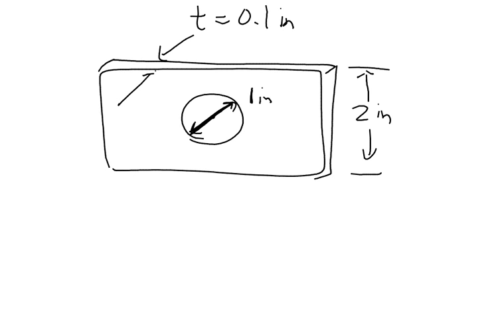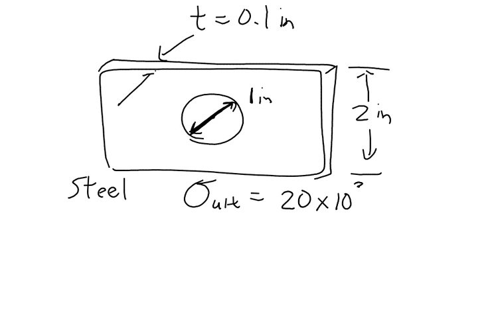Okay, and you're going to make this out of steel, which has, let's say, a sigma ultimate of, I'm not sure what it would be, I'm going to make something up here, grab something out of thin air, let's say it's 20 times 10 to the third psi.